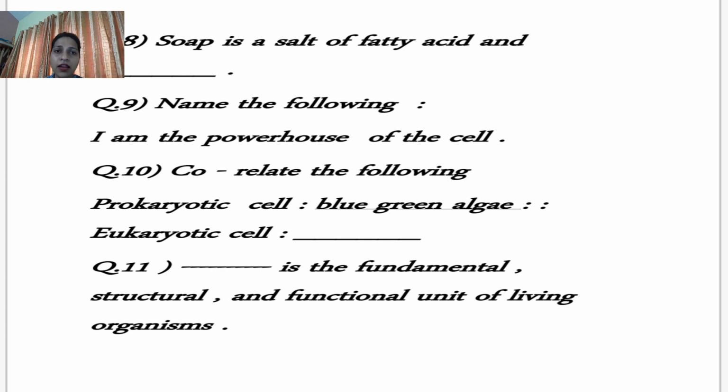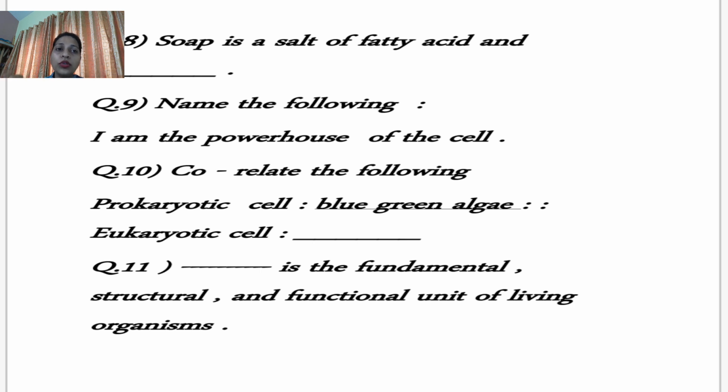So what you will do here: prokaryotic cell, put a hyphen, put a semicolon, blue-green algae. So blue-green algae is an example of prokaryotic cell.